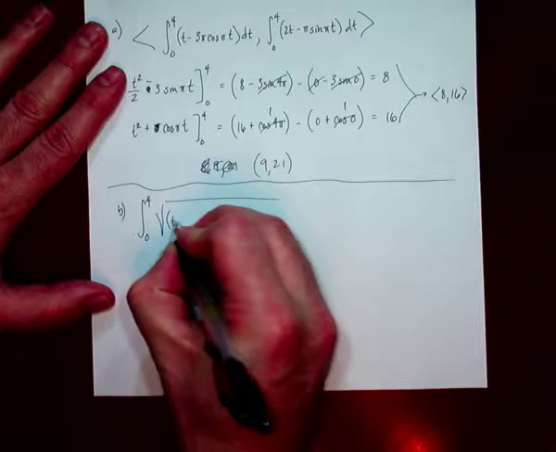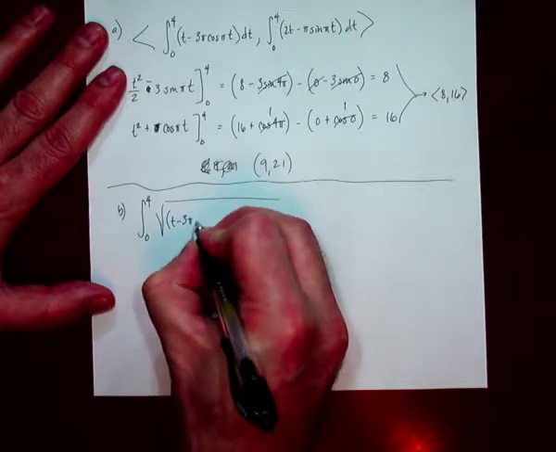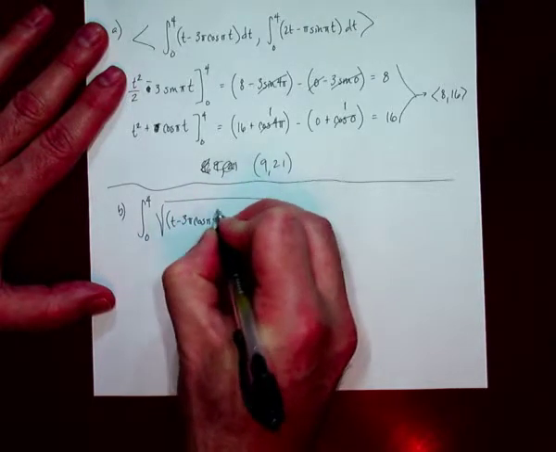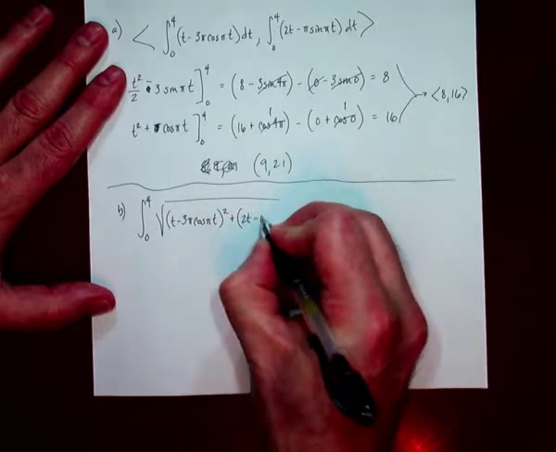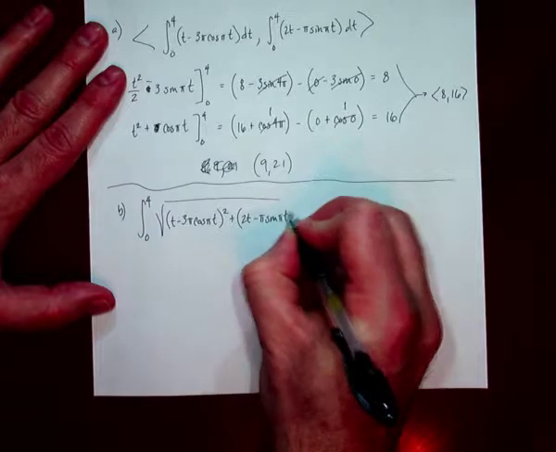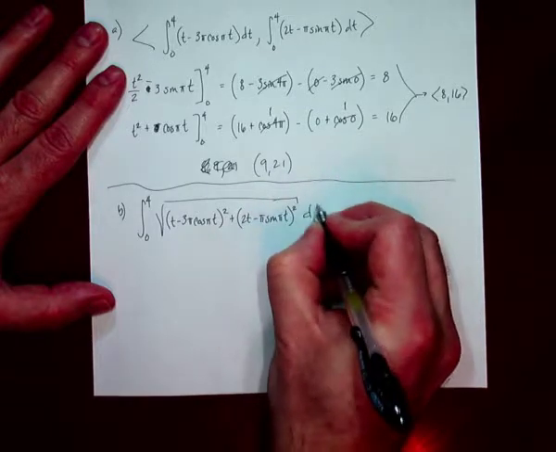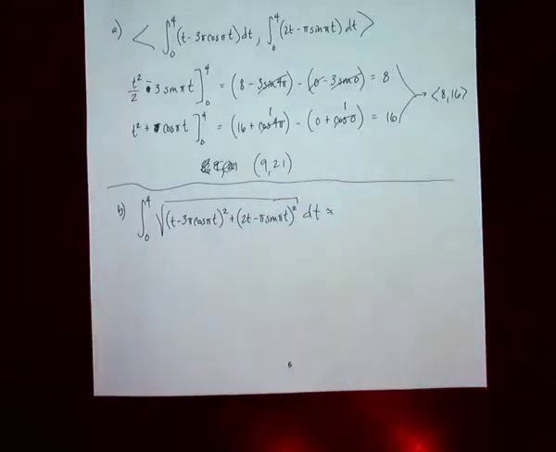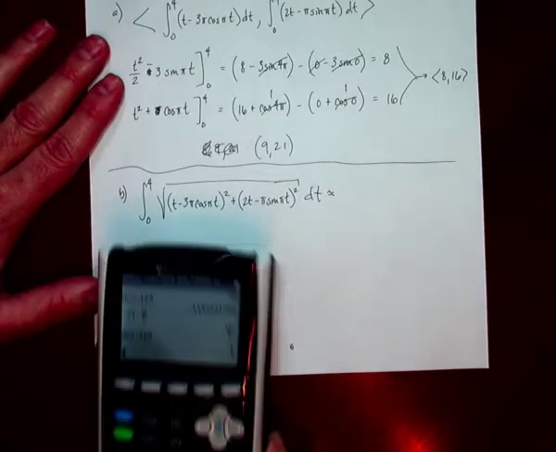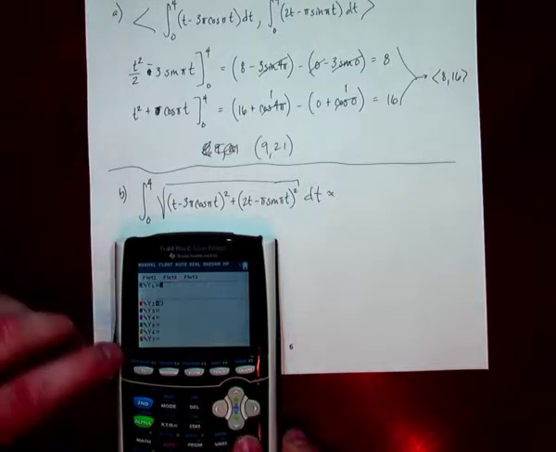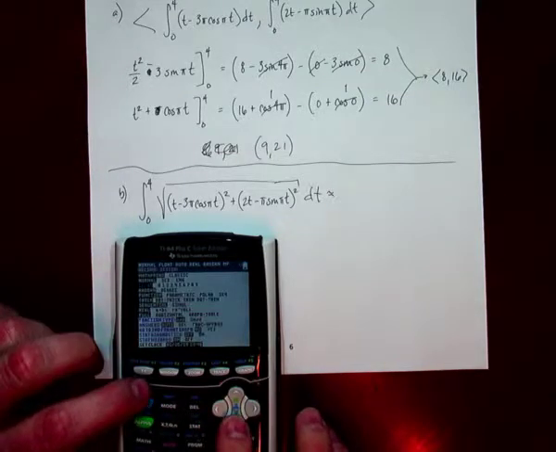But if we do t minus 3 pi cosine pi t squared, and then 2t minus pi sine pi t squared dt, while that's really nasty, I can plug it into my calculator. Basically, you plug it into your calculator just like you would if you were dealing with a parametric.